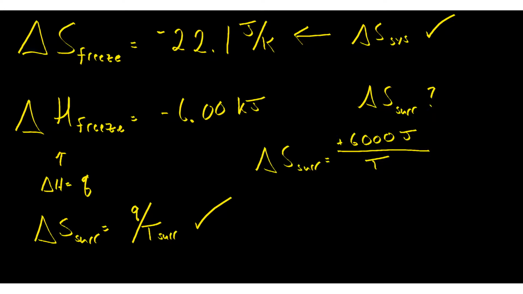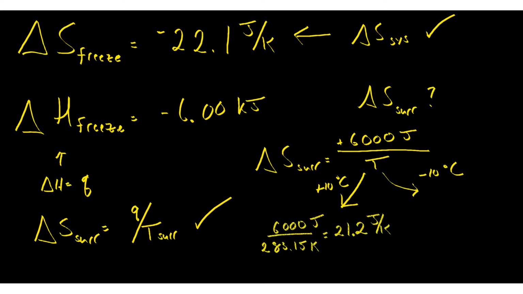If you look at delta S of freezing up top, you'll see that it's reported in joules per Kelvin. I left temperature rather than actually putting in the temperature because we have two different temperatures, positive 10 degrees Celsius and negative 10 degrees Celsius. It's not a huge problem, just 6,000 joules divided by, you have to switch it over to Kelvin.